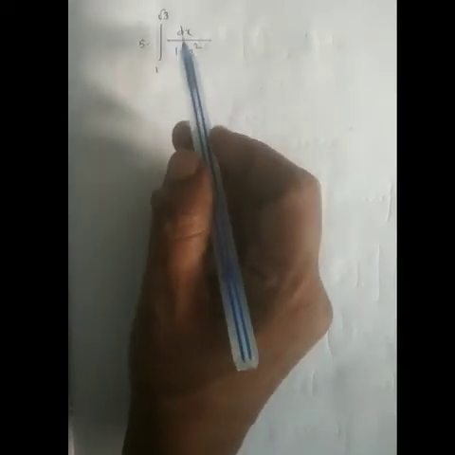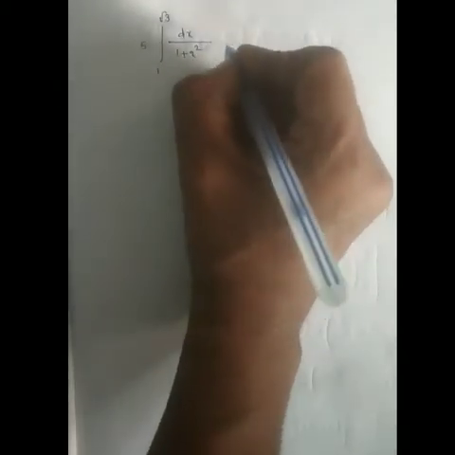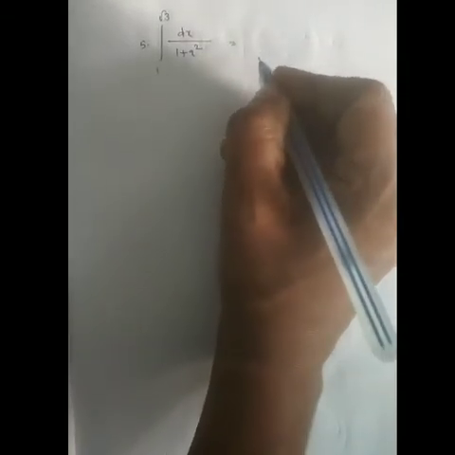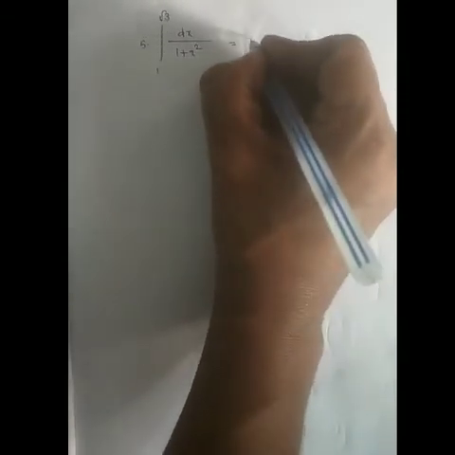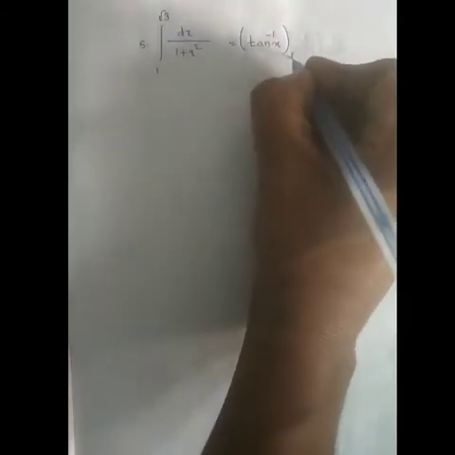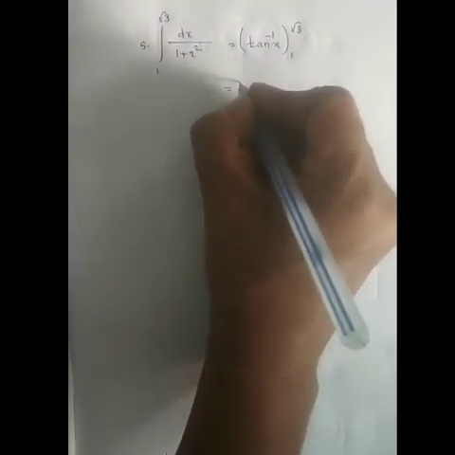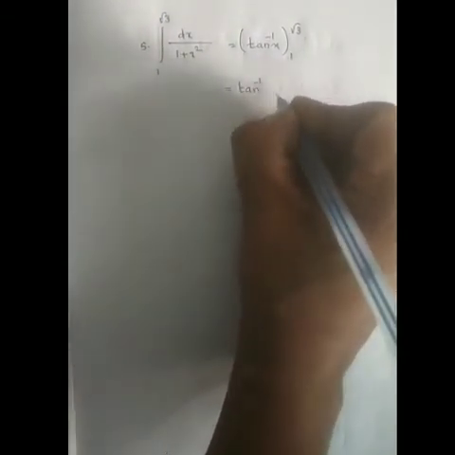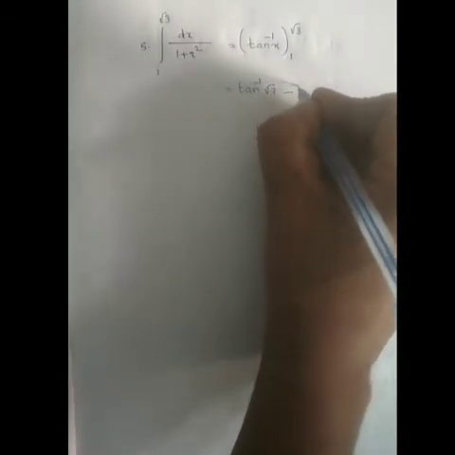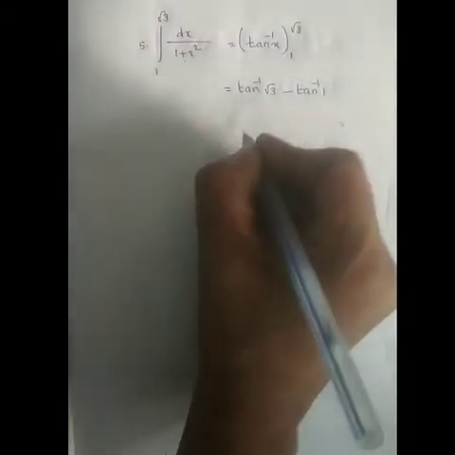Integral 1 to root 3 dx divided by 1 plus x square. What is integral of 1 by 1 plus x square? We know that integral of 1 by 1 plus x square into dx is tan inverse x, from the limits 1 to root 3. Then we put the limit, that is tan inverse root 3 minus tan inverse 1. What is tan inverse root 3?